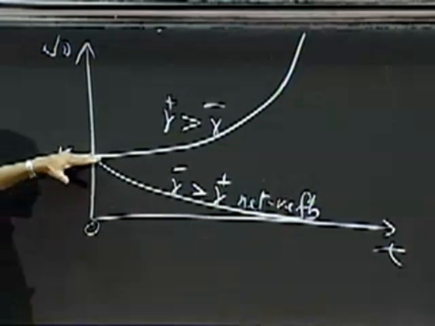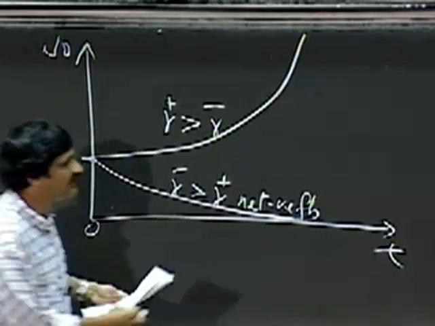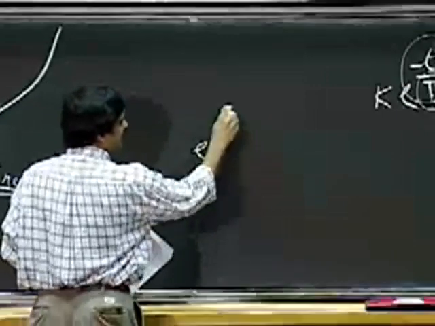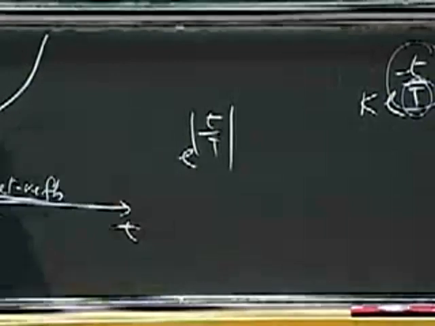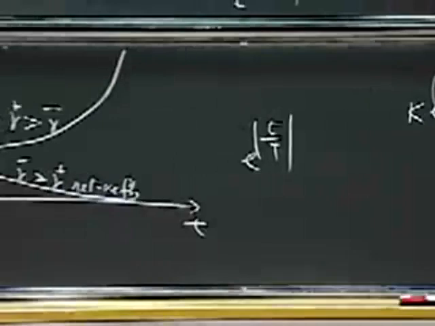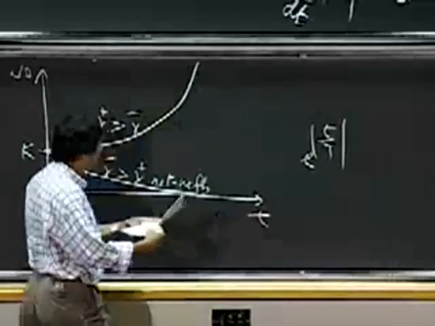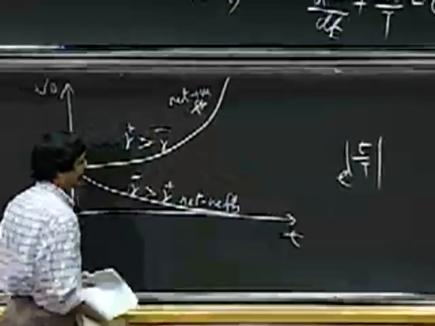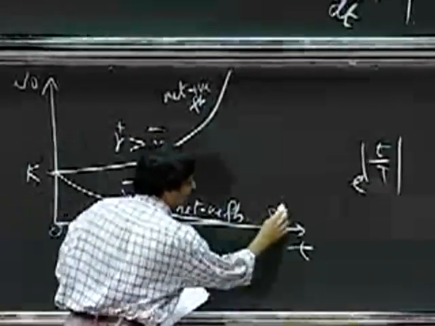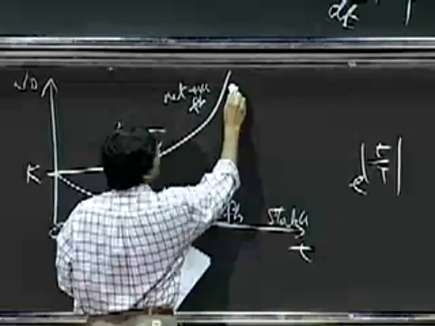I start off at 0, and I make a small perturbation, and the output should go as t divided by capital T. The dynamics of this is, it goes berserk. So it's net positive feedback. The first situation is called stable. This is unstable.